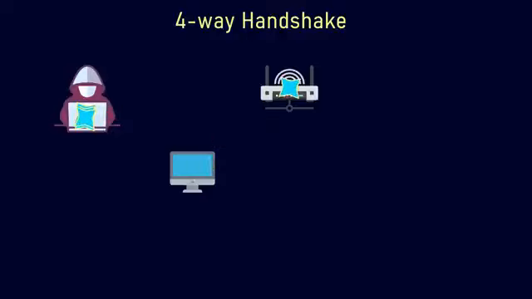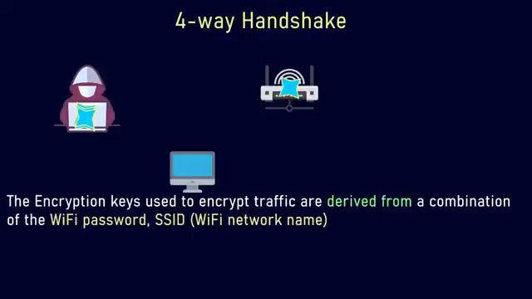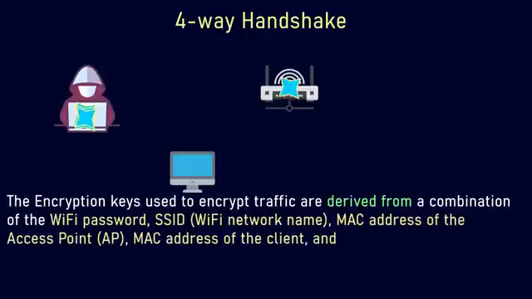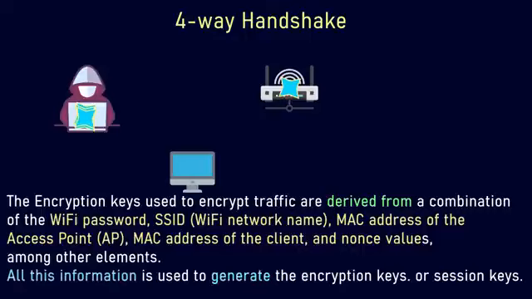The encryption keys used to encrypt traffic are derived from a combination of the Wi-Fi password, SSID, MAC address of the access point, MAC address of the client, and nonce values among other elements. All this information is used to generate the encryption keys or session keys.